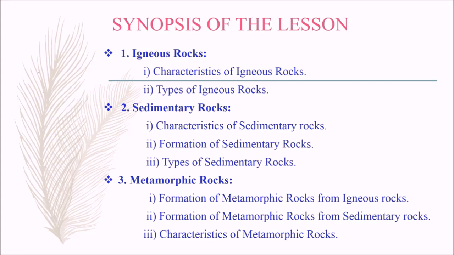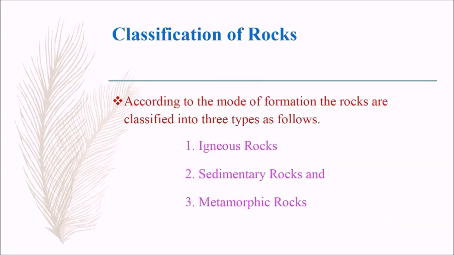The third one is metamorphic rocks. Under this we have formation of metamorphic rocks from igneous rocks, formation of metamorphic rocks from sedimentary rocks, and finally characteristics of metamorphic rocks. Next, we are going to learn about classification of rocks.